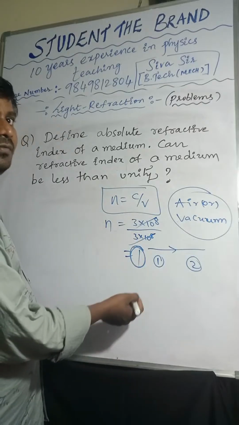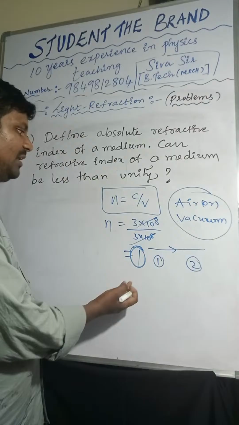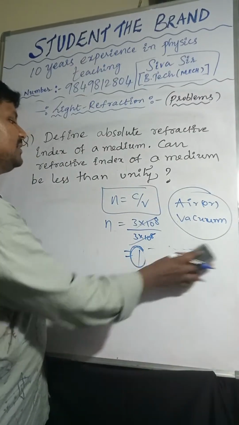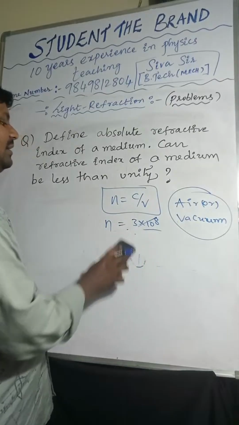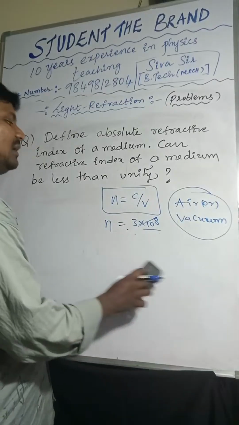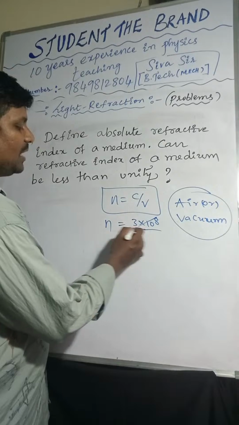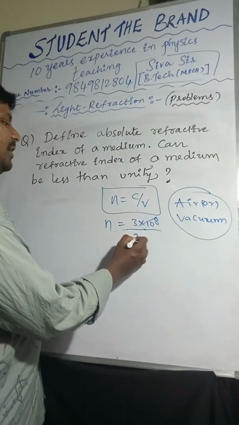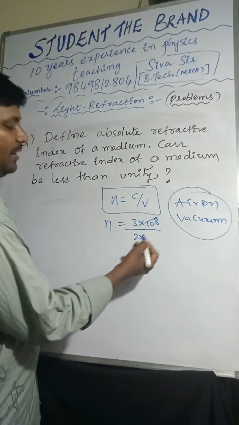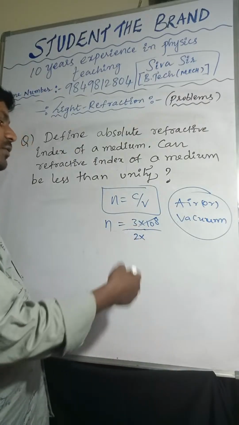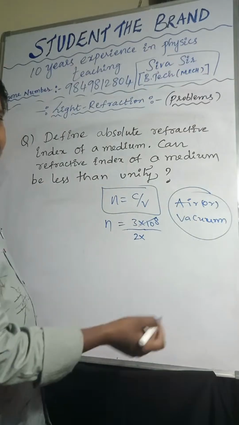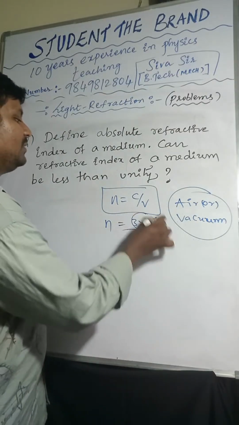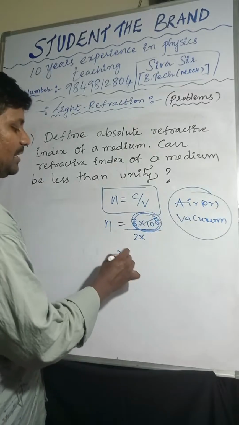If the two mediums are the same, you will get one. If you consider different mediums like water, glass, diamond, turpentine oil, the speed will be 2.5 or 2.1 or 2 into 10 power 8 meter per second, that is, less than 3 into 10 power 8 meter per second.